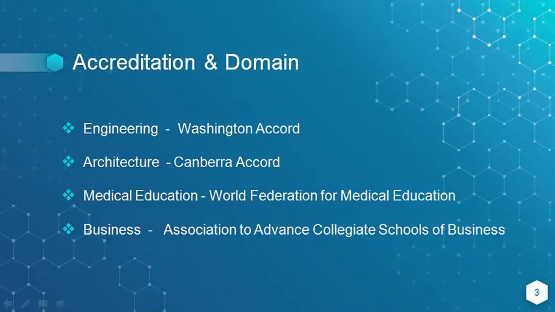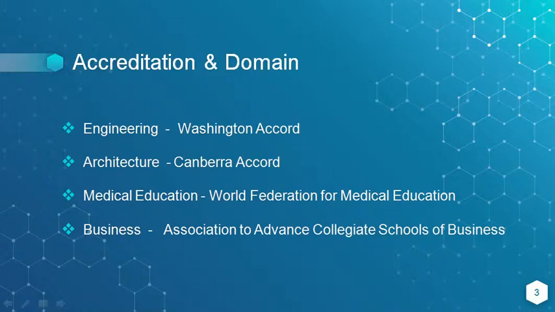When it comes to the different accreditations across engineering, architecture, medicine, business and all, we have different signatories, which are signed based on the domain. In the engineering domain, we follow the Washington Accord, signed by n number of nations across the world.